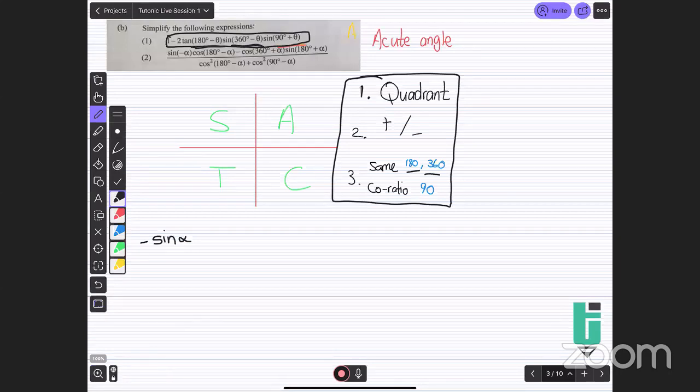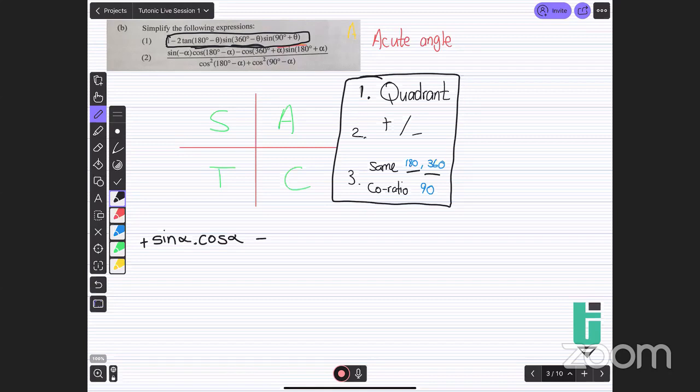Okay. Naima, you want to try cos of 180 minus alpha? It's in sine's quadrant. Cos is negative. It will stay the same. So negative cos alpha. So then this becomes positive in the beginning, and then minus cos of 360 plus alpha. Who wants to do that one? Rivka?